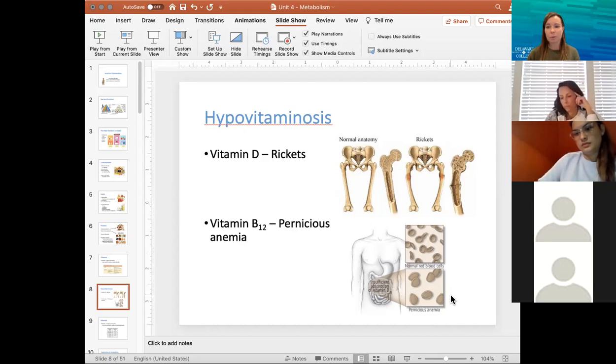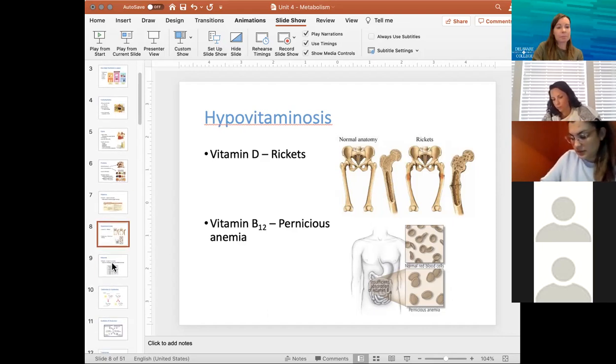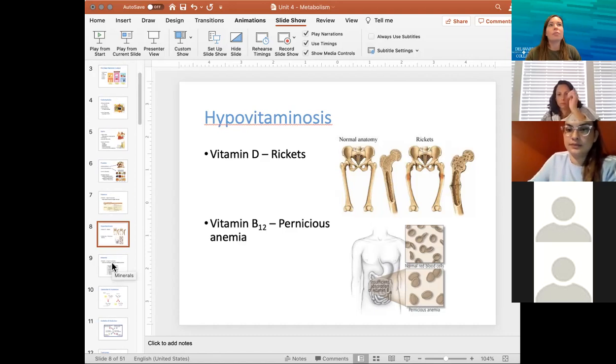So they're not quite normal. And if you have pernicious anemia, it can lead to fatigue and weight loss. Okay, so those are two examples of diseases that result from a hypovitaminosis condition where you have a vitamin deficiency.